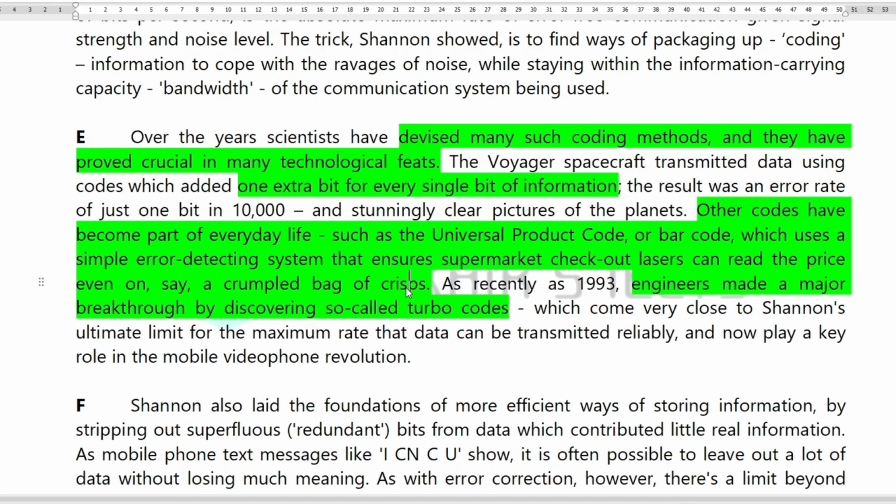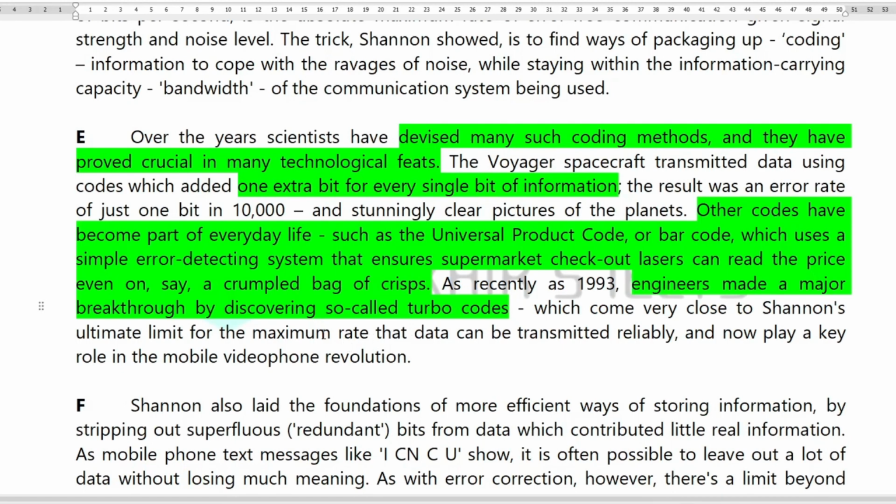A bit of information can be crisps, and the result was an error rate of just one bit in 10,000, stunningly clear pictures of the planets. Other codes have become part of everyday life, such as the universal product code or barcode, which uses a simple error detection system that ensures supermarket checkout lasers can read the price even on, say, a crumpled bag of crisps.